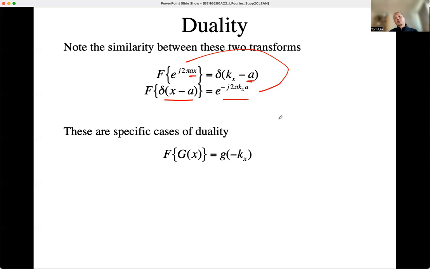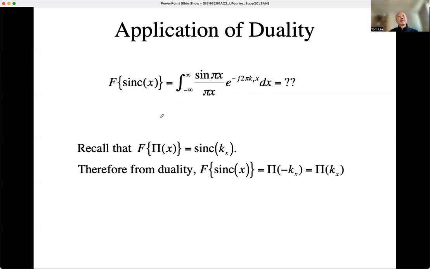The simplest case we saw already was a 1 going to a delta, or a delta going to a 1. In general, duality is written like this: if I know the Fourier transform g of kx, and then I plug in x, then I can write the Fourier transform of that function. The most important case of duality for this course is the Fourier transform of a sinc function.